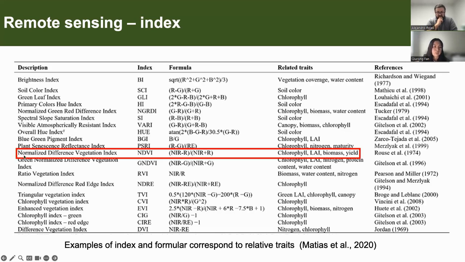For example, the NDVI we mentioned before is correlated to traits that are usually chlorophyll content, biomass, or yield. And most of these traits are related to nitrogen, and other indexes are correlated to plant health.